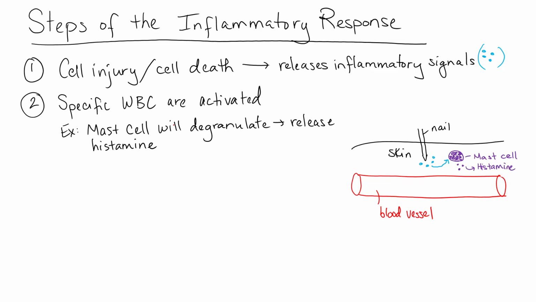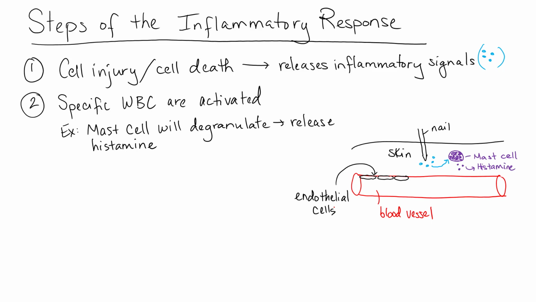So the histamine causes the blood cells. Okay, so remember the blood vessel is lined with all of these what are called endothelial cells. So these are endothelial cells lining this blood vessel.